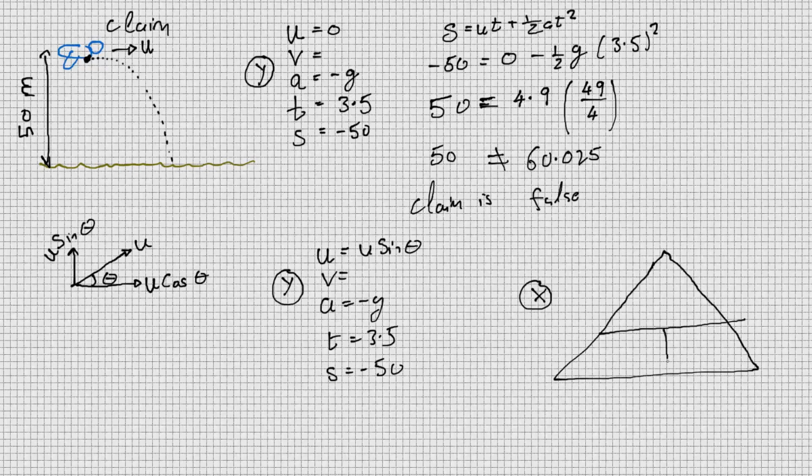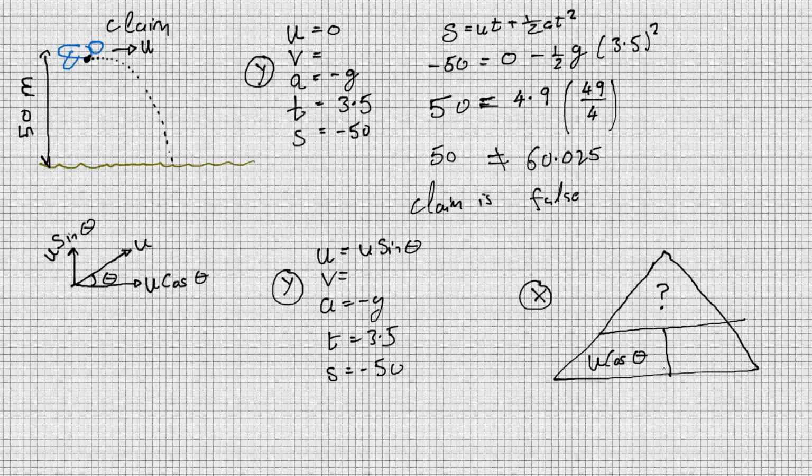So the distance, we don't know. The speed is u cos theta. So distance, speed, and the time is also 3.5. So actually in this picture here, I could work out the distance if I like.